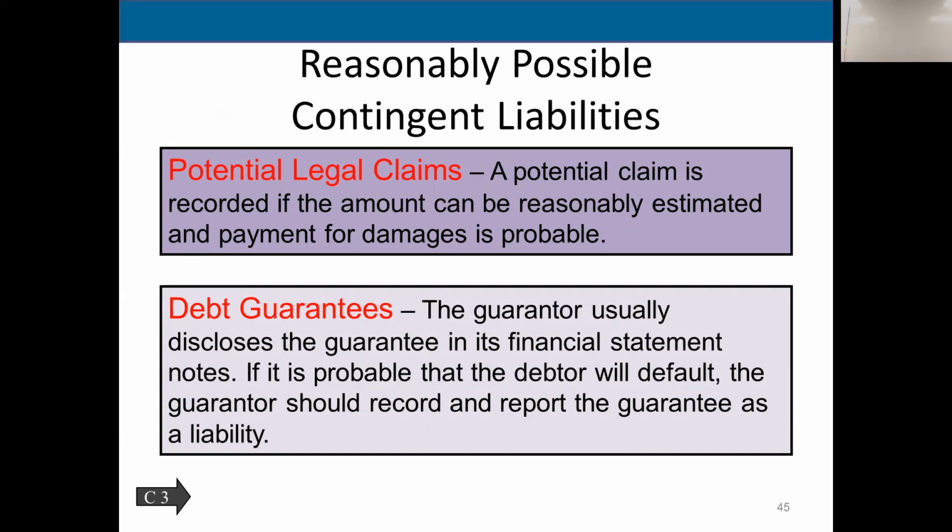So we're guaranteeing someone's debt. Again, if it's expected and can reasonably be estimated, we're going to record it. If it's probable and we can estimate it, we're going to record it. So when we're looking at these two specifics from the prior slide, they're going to match that flowchart.